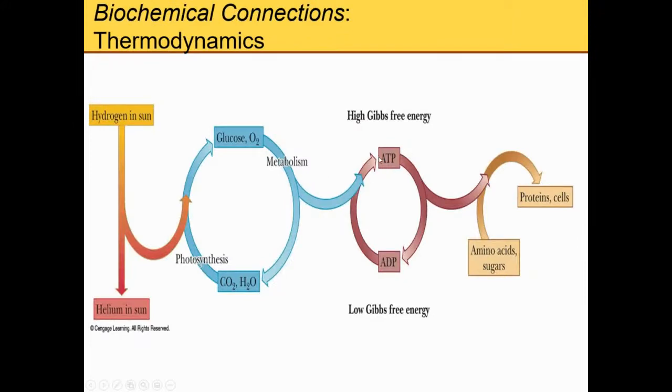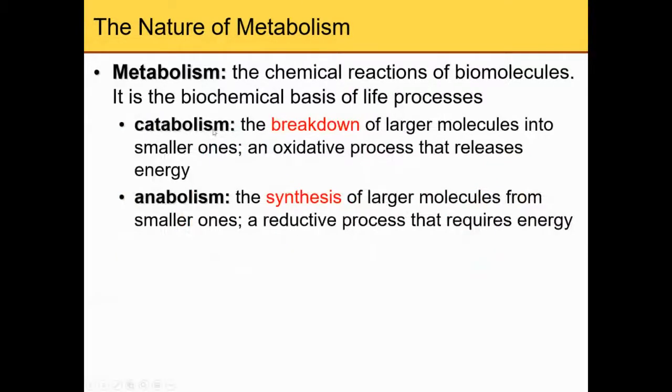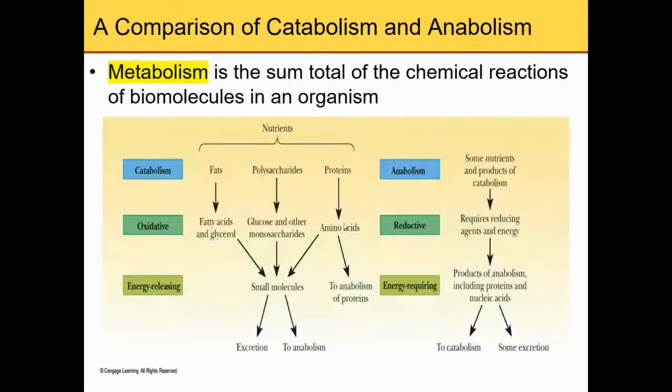Then they can transfer the electron and then to make the ATP, and that's the catabolism. And it's a breakdown of the large molecule with oxidation. All right. And then synthesis of large molecule from the smaller one, that's anabolism. All right, which is a reductive process and require the energy.